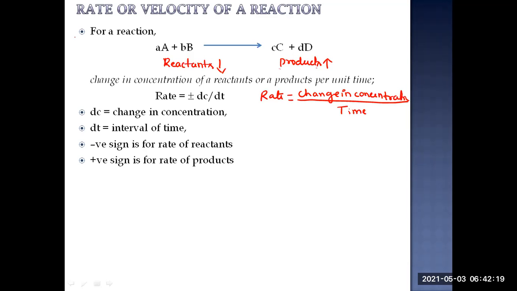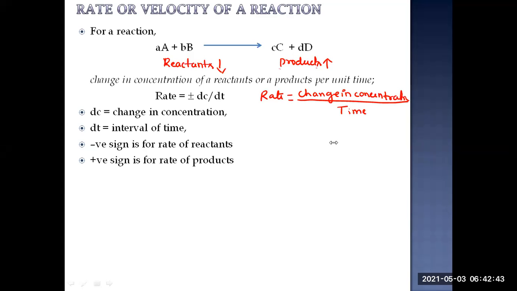Sir, because it is decreasing. What is decreasing? Reactants are decreasing. Concentration of reactants is decreasing, you mean, correct? Yes, sir. If concentration of reactants is decreasing, why should we give a negative sign? Aryan?